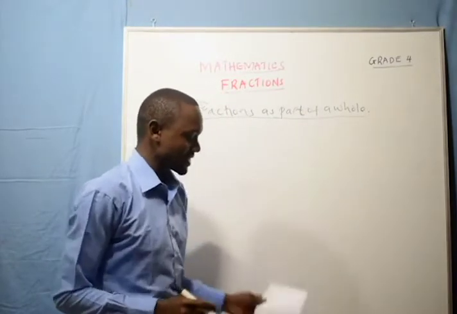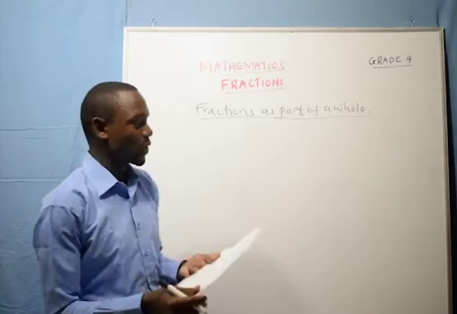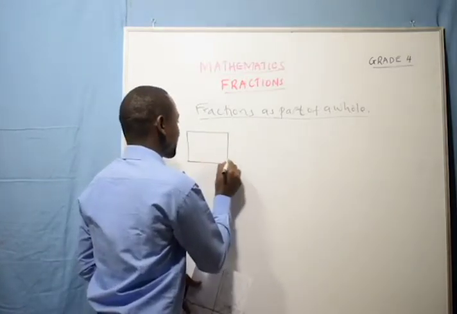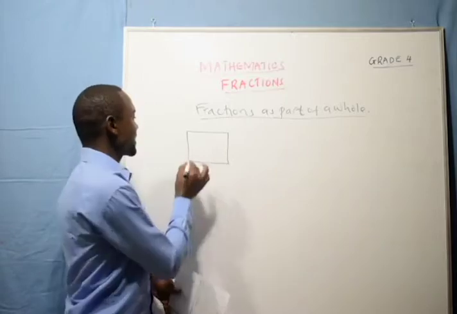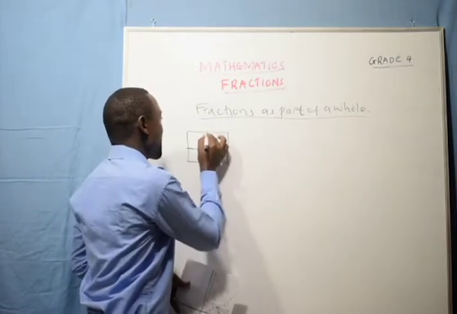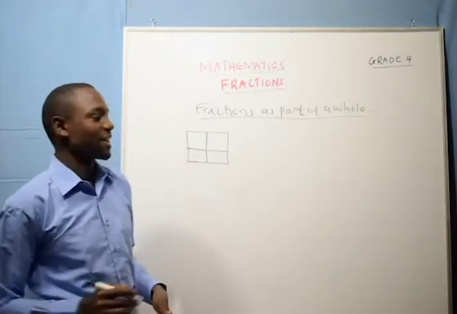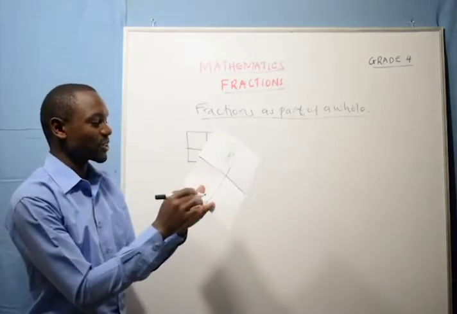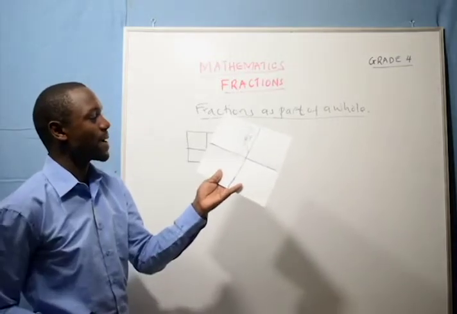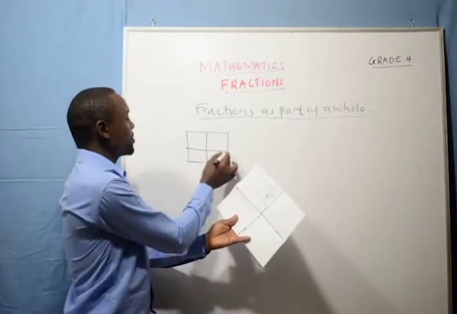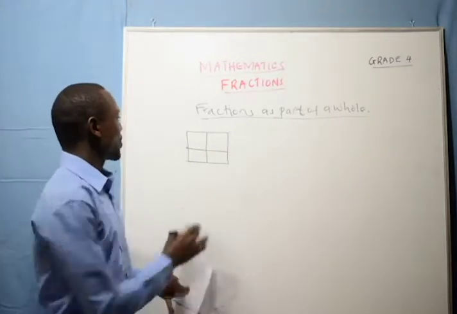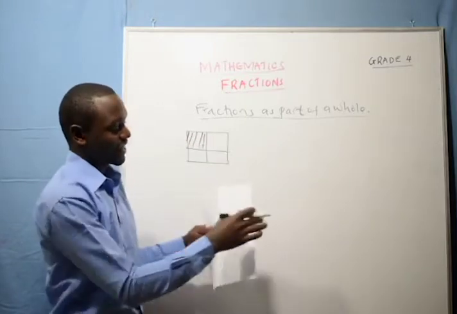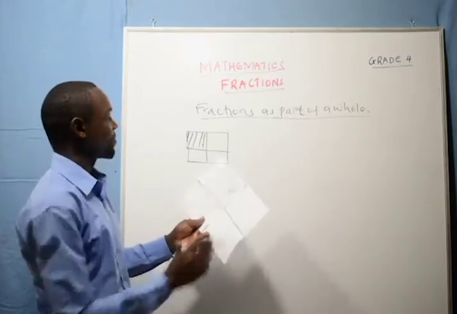And I begin with the same example I had given you, whereby we have a rectangular cutout. We divide it into 4 equal parts. This is a whole paper, just the same paper I was holding. So we divide it into 4 parts, and we shade one of the parts.